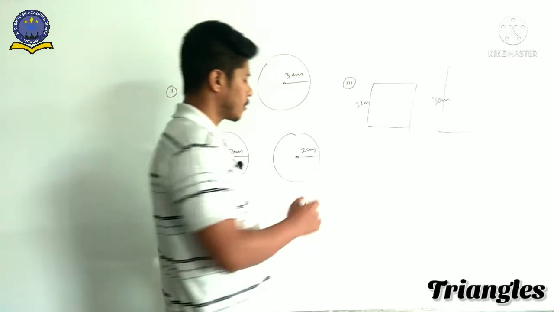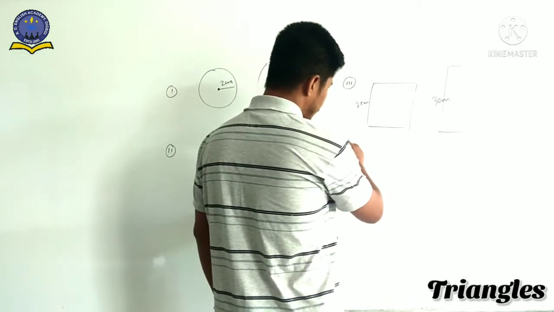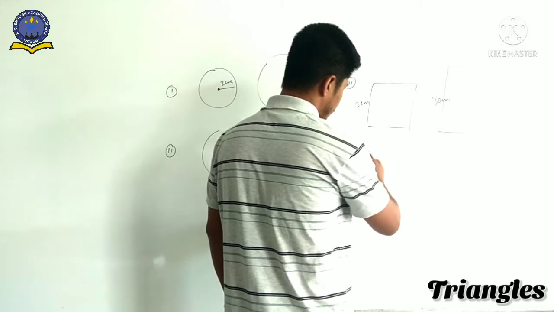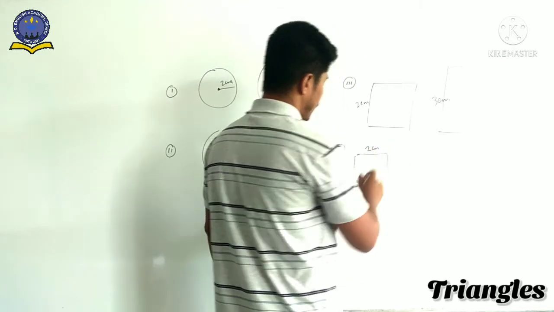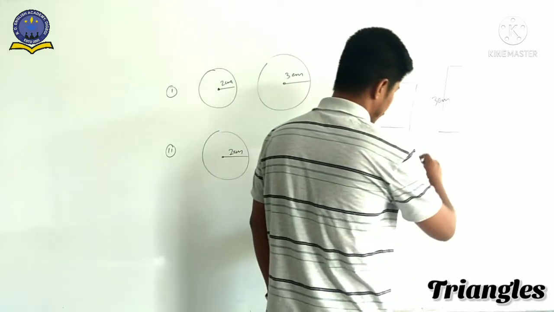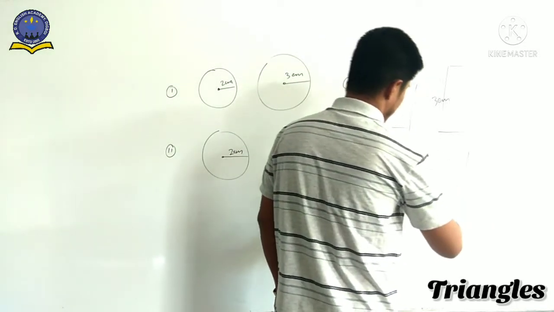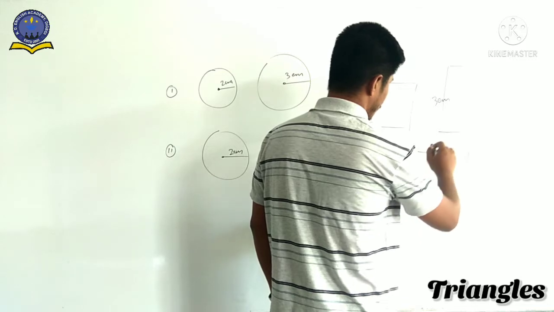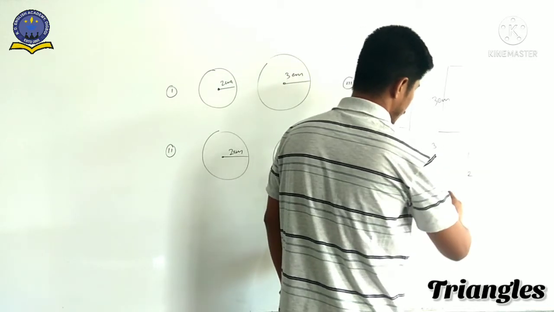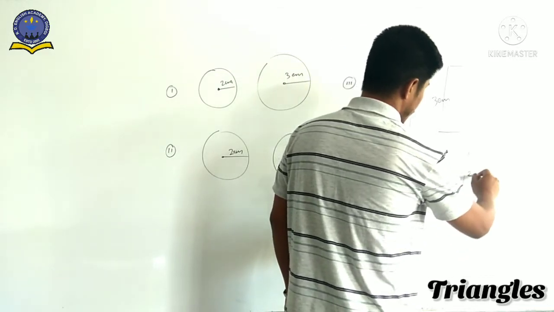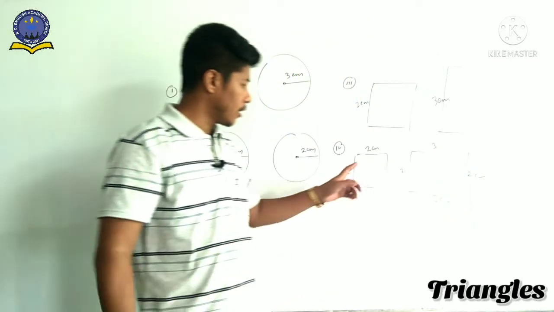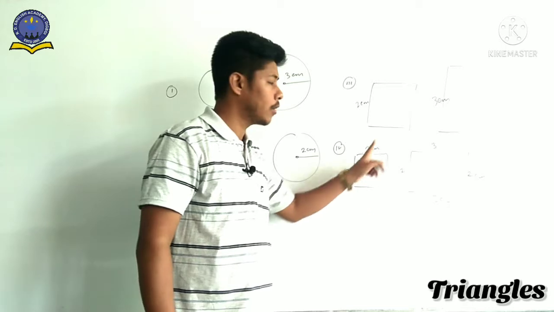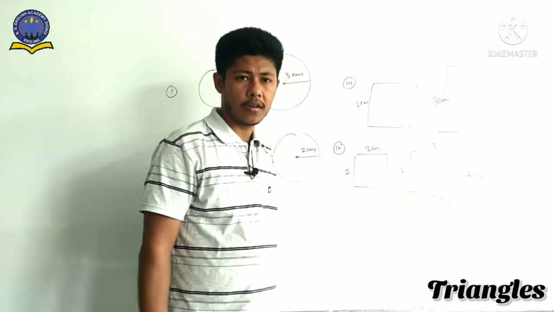Is it clear? Suppose we consider a square of 2 centimeter, and with respect to this we consider a rectangle, 2 centimeter by 3 centimeter. In this case this one is a square, this one is a rectangle.